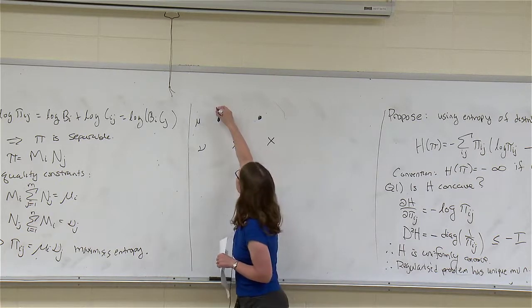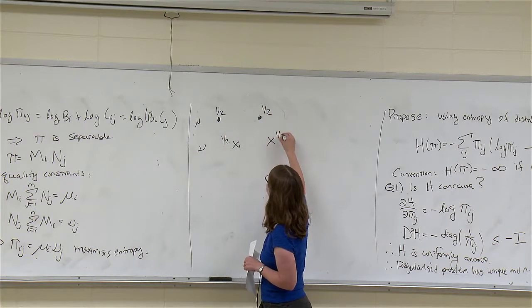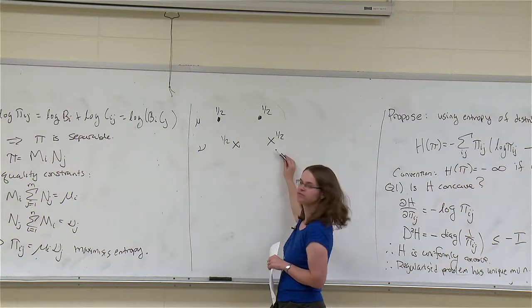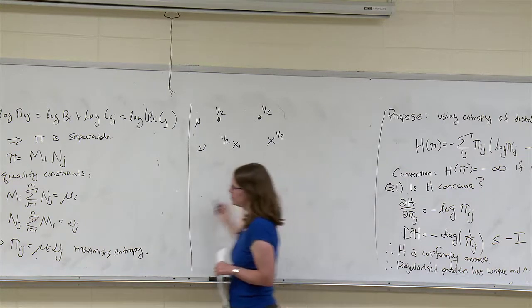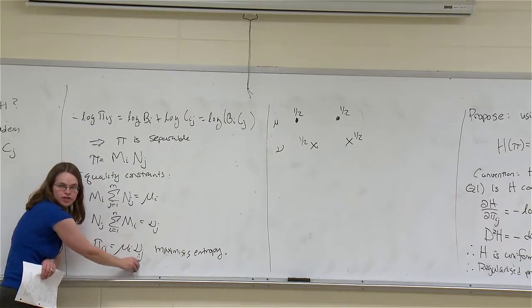So let's say I have half amount of mass here, and half amount of mass here, and half here, and half here. How much mass goes from mu at this position to nu at this position? Well, the amount of mass that goes from i to j is mu at i times nu of j.